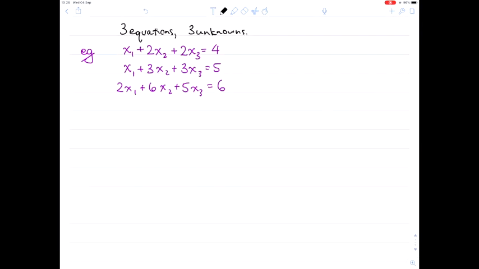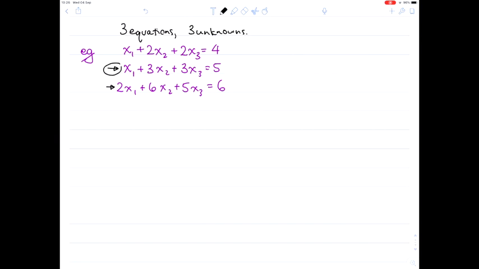What I'm going to try and do is find an action that I can take that is going to eliminate x1 from the second row. And then I'm also going to do the same thing and try and eliminate 2x1 from the third equation. So it might not be clear why I'm doing it in this particular order, but as we develop the technique, you'll see. Okay, so here we go.